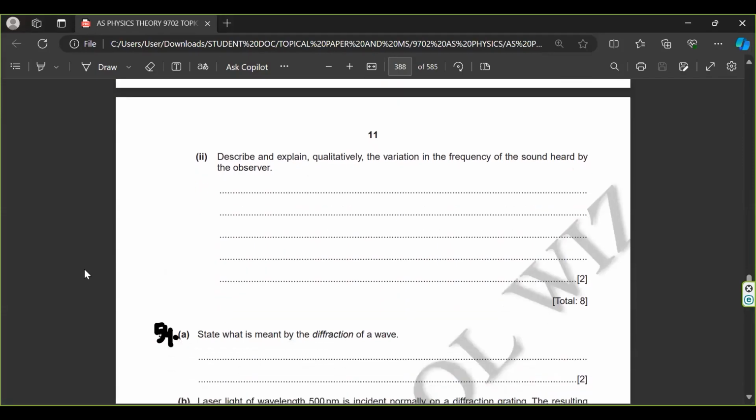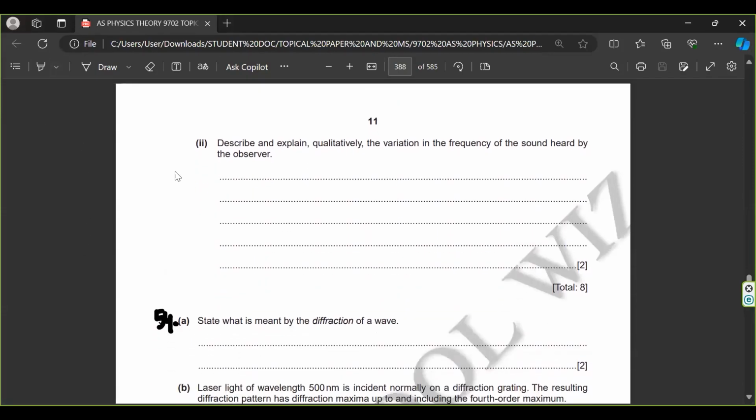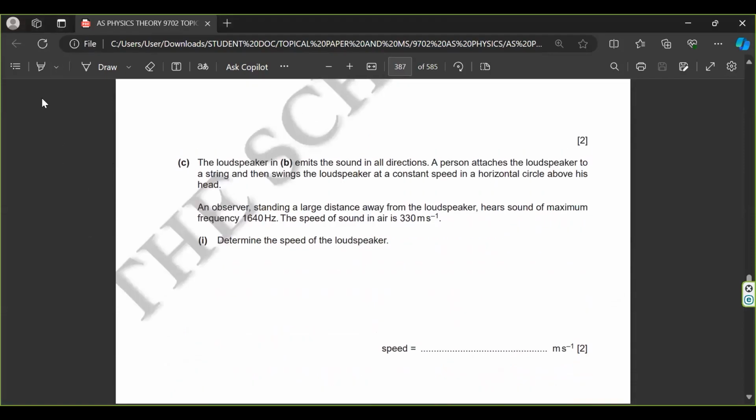The next part of the question says, describe and explain qualitatively the variation in the frequency of the sound heard by the observer. As the question said in the first part, the person attaches the loudspeaker to a string and swings it at a constant speed in a horizontal circle.